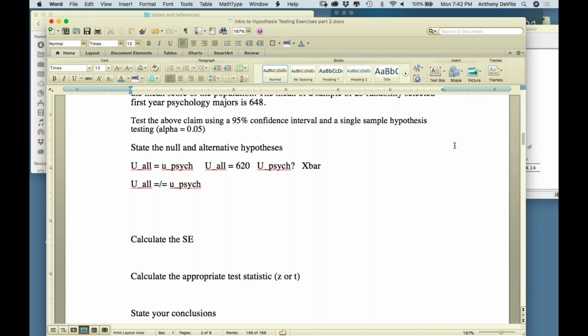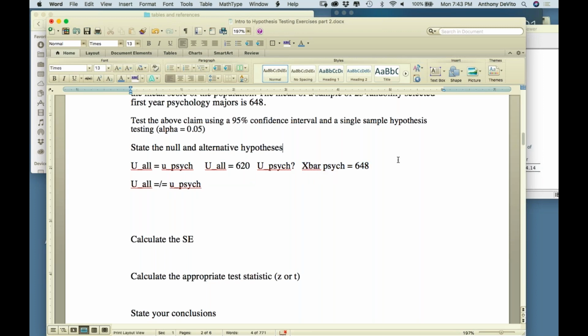We only know what the mean for our sample is for psych students, right? What's that equal to? That's 648. Okay, so now we want to demonstrate that we can say that the mean for the population of all students is different than the mean for the population of psych students, even though we only know what the mean of our sample is for the psych students.